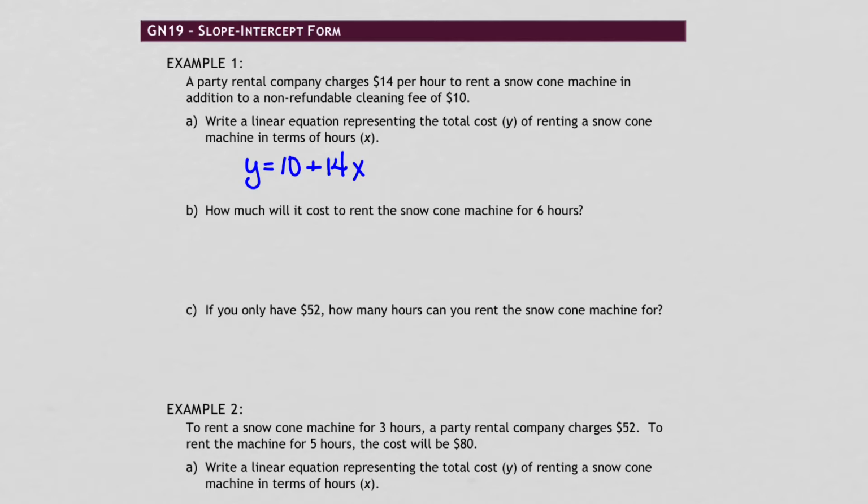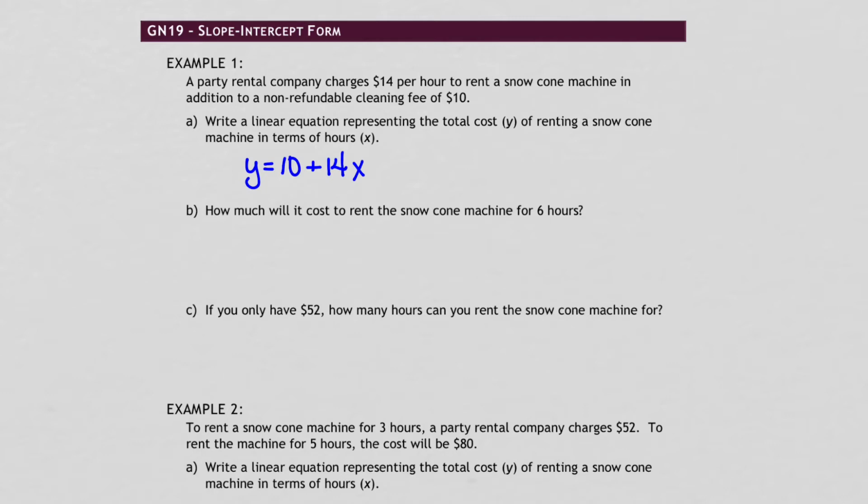So if we rented it for 1 hour, it'd be 14 times 1, which is $14 plus 10, $24. If we rented it for 2 hours, that'd be twice 14, 28, plus 10, $38, and so forth.